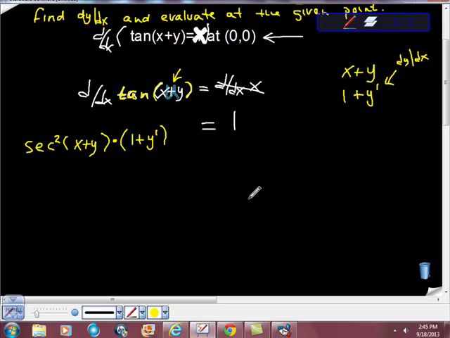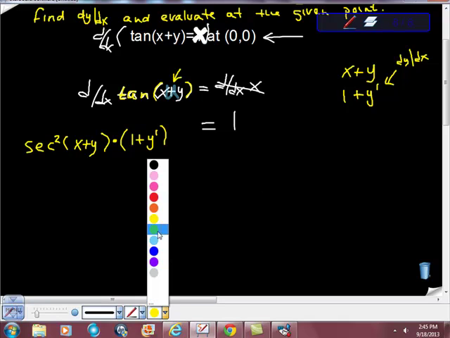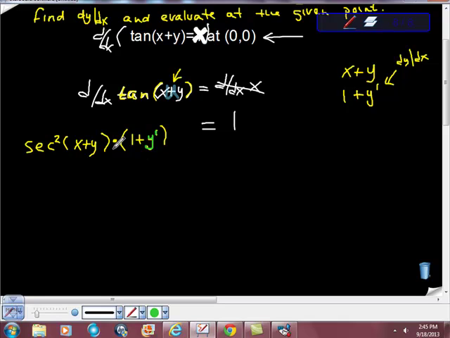Now, remember, our goal here is to find dy/dx, otherwise known as y prime. So the first thing I'm going to do is divide both sides by secant squared of x plus y, which gives us 1 plus y prime is equal to 1 over secant squared of x plus y.